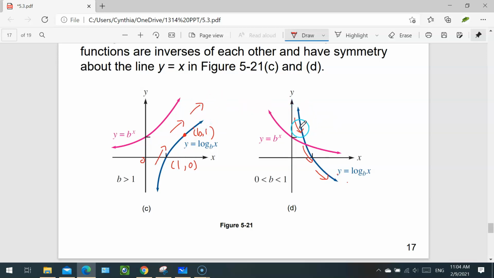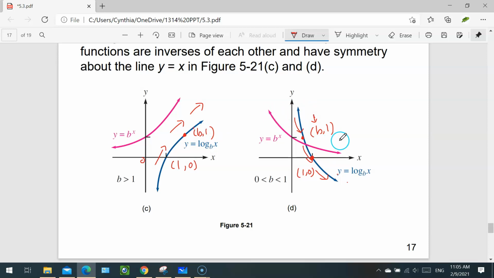When your b is bigger than 1, it's a going up curve, an increasing curve. And when b is between 0 and 1, you will have a going down curve, a decreasing curve. Same way, it passes through (1, 0) and (b, 1). The difference between these two curves is just because of the b value. This b is between 0 and 1, and this b is bigger than 1.